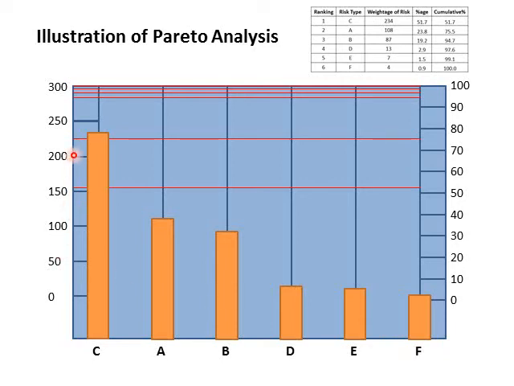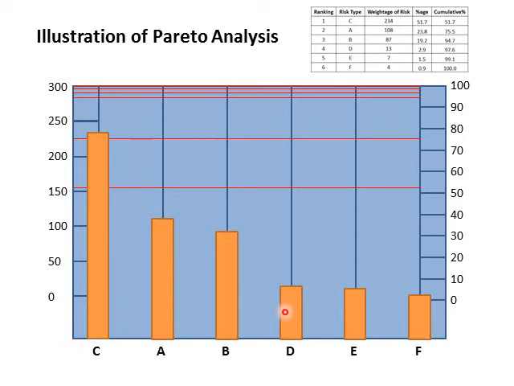The left hand side of the y-axis contains the weightage of risk. So as you can see, C has weightage of 234. A has a weightage of 108. B has weightage of nearly 87.